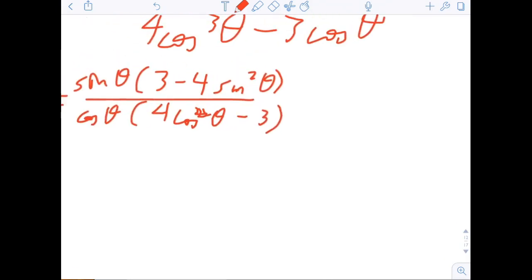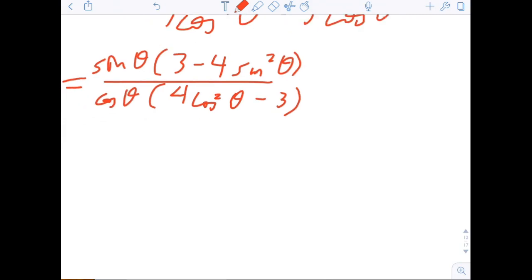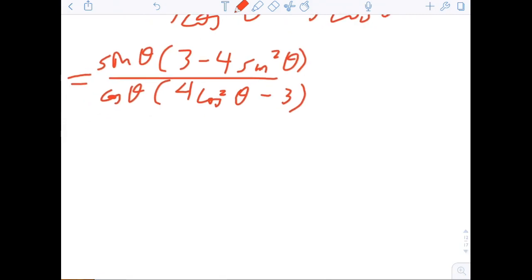And then we're going to use sine squared plus cosine squared equals 1 to replace the 1's here and here. By doing that, we're going to have everything here with sine squareds in it and cosine squareds in it.